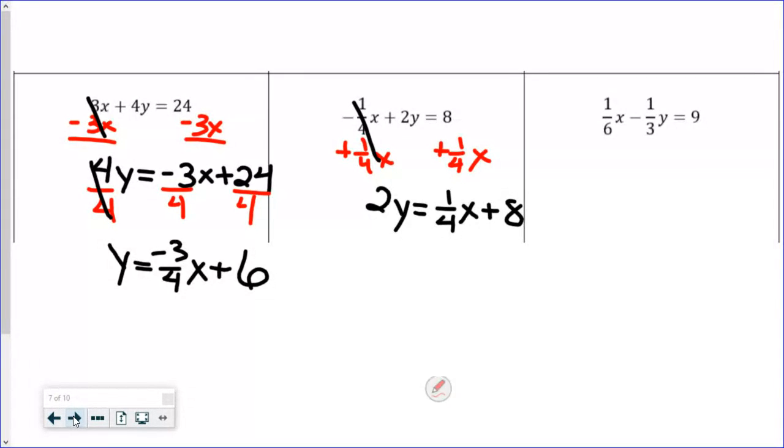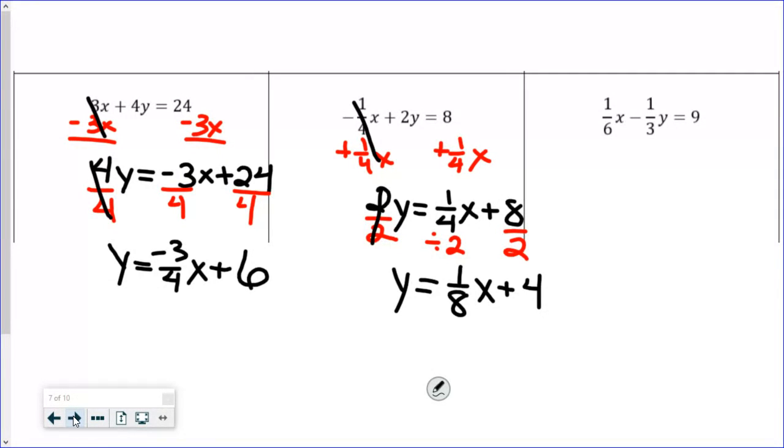And then when I divide by 2, I'm going to take out my calculator, and it's going to give me a decimal. So I'm going to do 1/4 divided by 2, and I'm going to hit that fraction to decimal button, and you're going to see it's actually going to give you a 1/8. So give that a try. And that's what you should get.